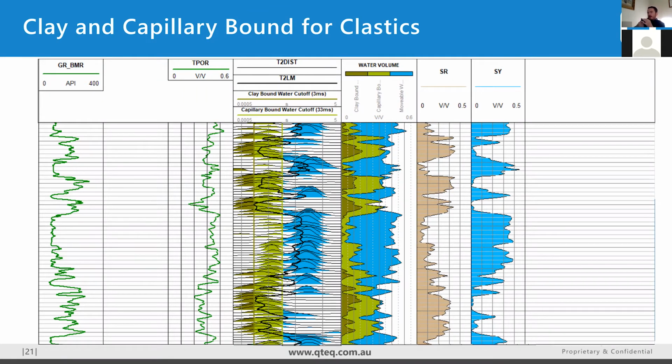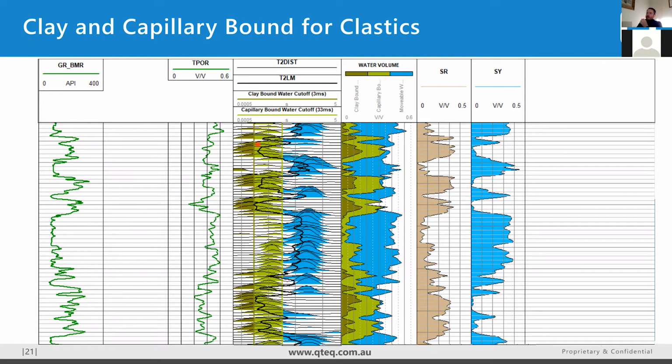This is sort of an oil and gas definition, but it is also quite useful because it tells us something about the lithology as well. This is the idea of clay-bound water, so the water that is electronically connected to the clay minerals. It typically has a cutoff of 3 milliseconds.